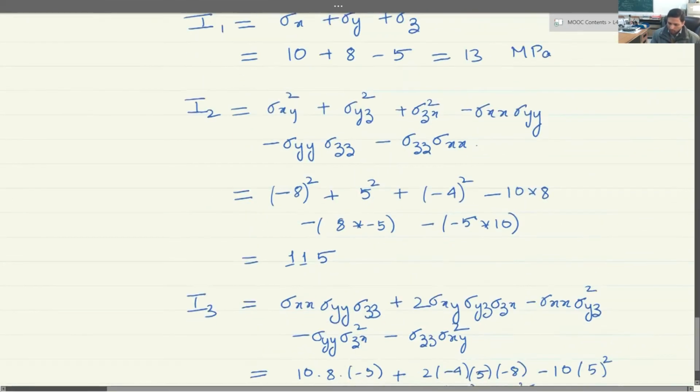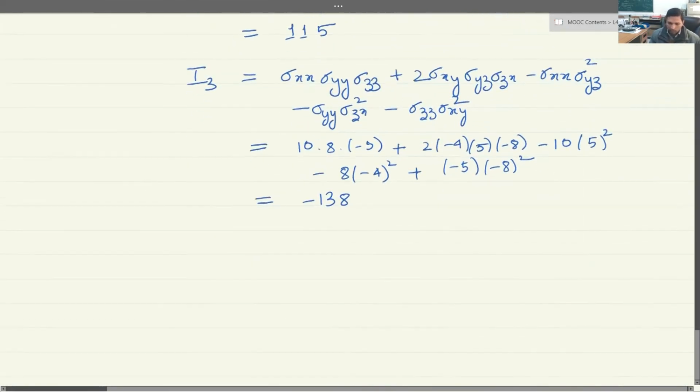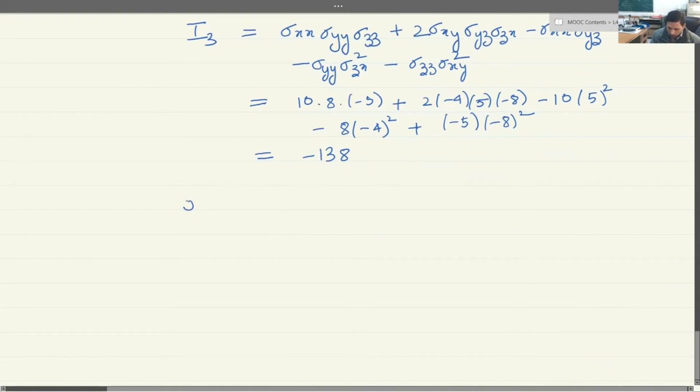Okay, so now we have the values of I1, I2 and I3. I1 is 13, I2 is 115, I3 is -138. And therefore, we can put it in the equation form for finding the principal stresses. Sigma p cube minus 13 sigma p square minus 115 sigma p plus 138 equal to 0.